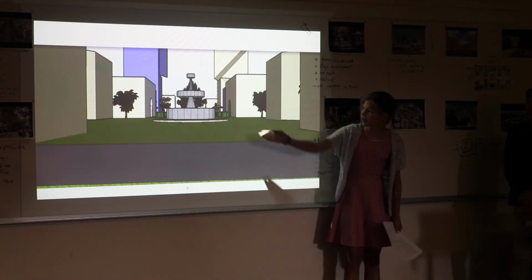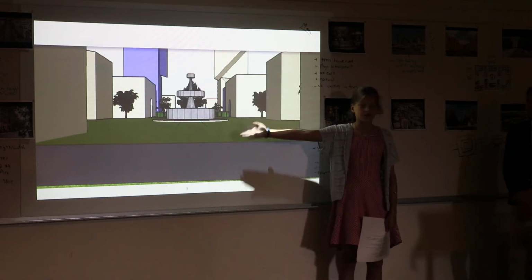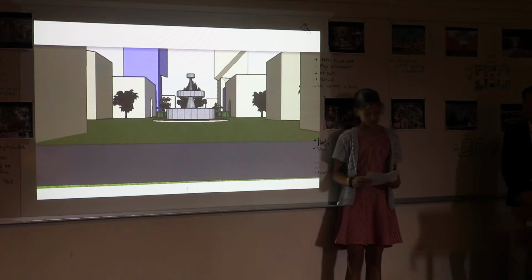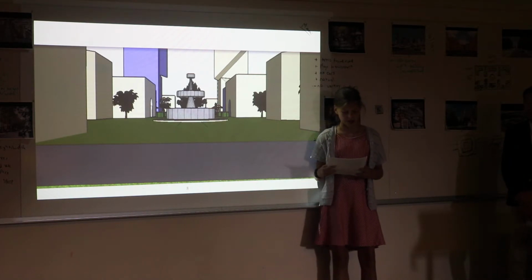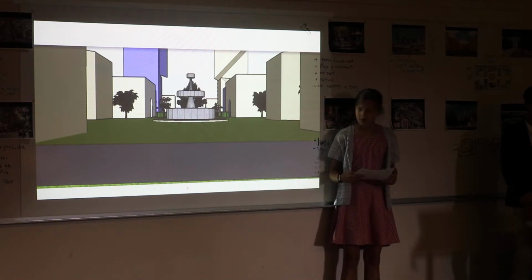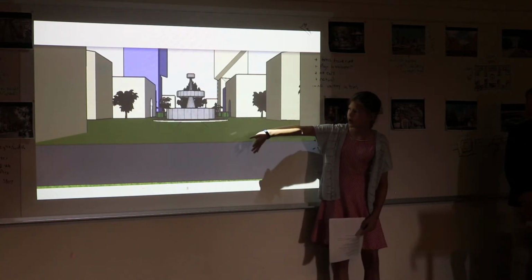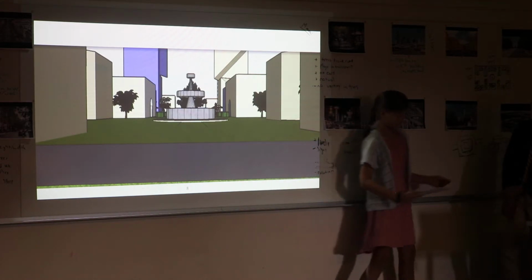In this area, during the day, we were thinking there could be farmers markets and stuff like that. At night, the restaurants could spill out onto the lawns, so people could enjoy having meals outside. And these buildings here, like I said, form a square shape, which helps frame the fountain.